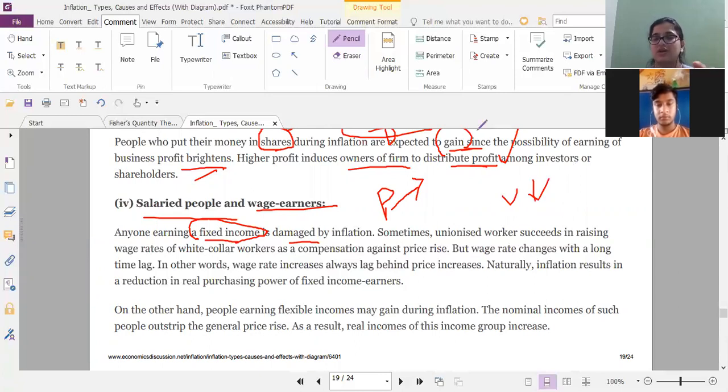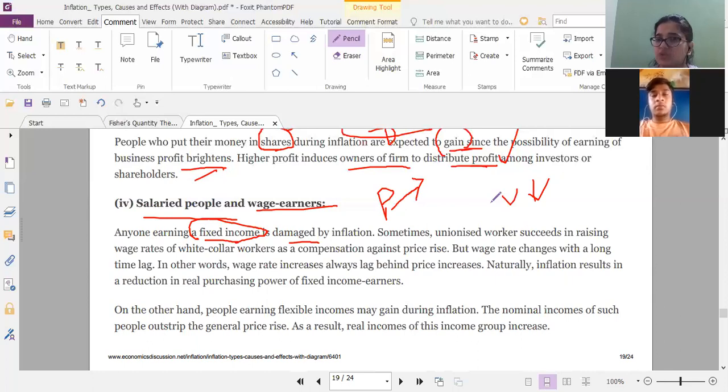If prices rise, then the actual value of money will decrease. It is because, see, earlier with 5 rupees you could buy one pen, but now you need to pay 10 rupees to buy that same pen. So the value has decreased, right? In other words, with 10 rupees you could buy two pens, but now you get only one pen with 10 rupees.